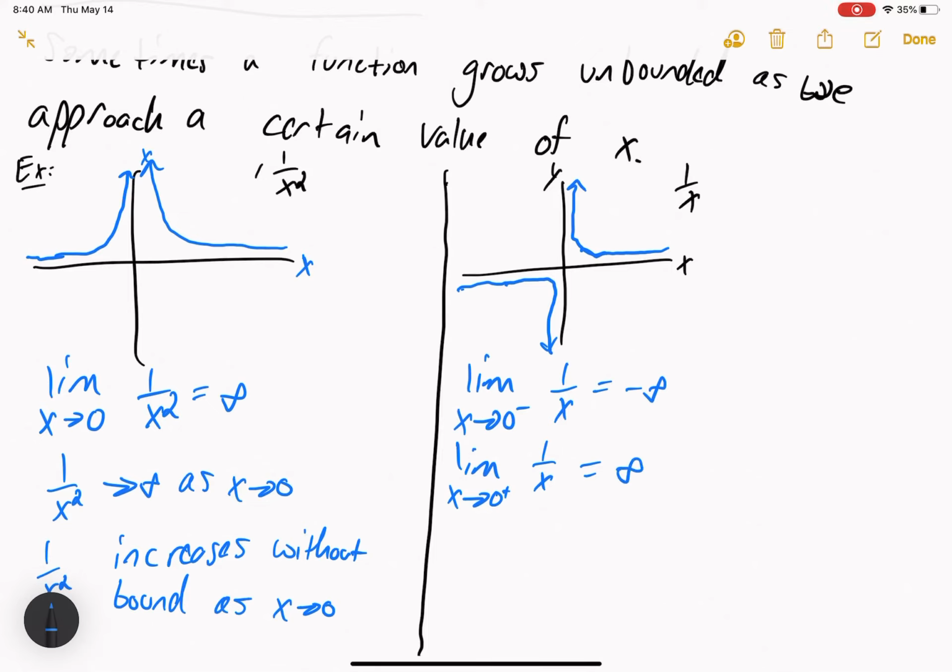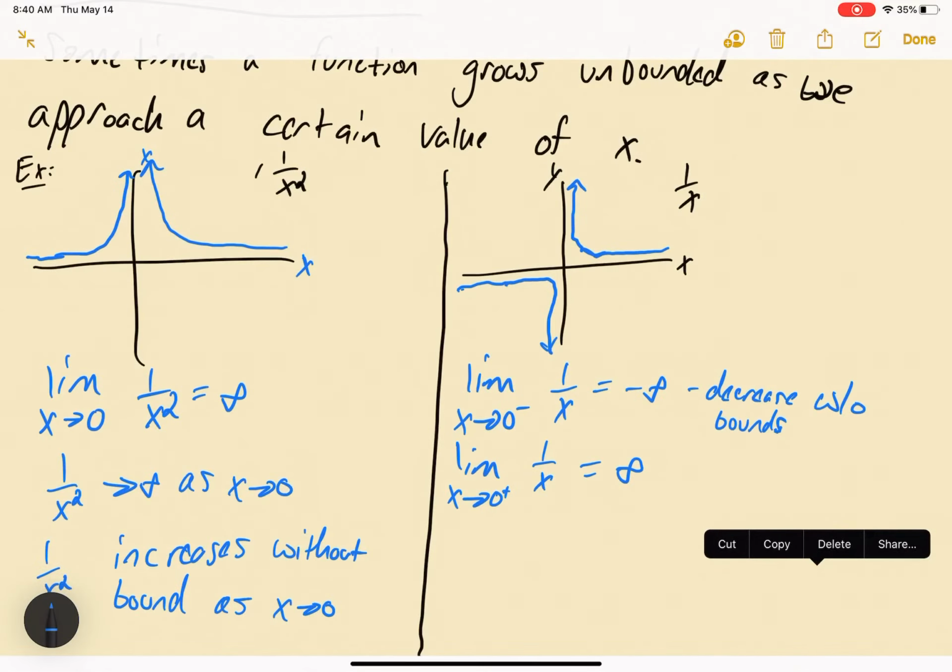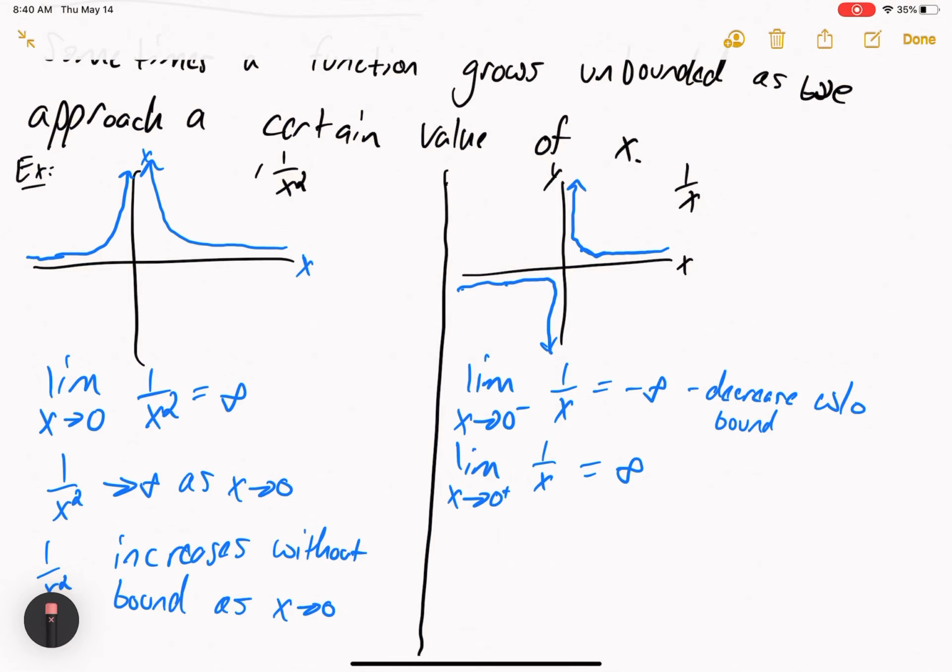Negative infinity means decreases without bound, and positive infinity just means increases without bound.